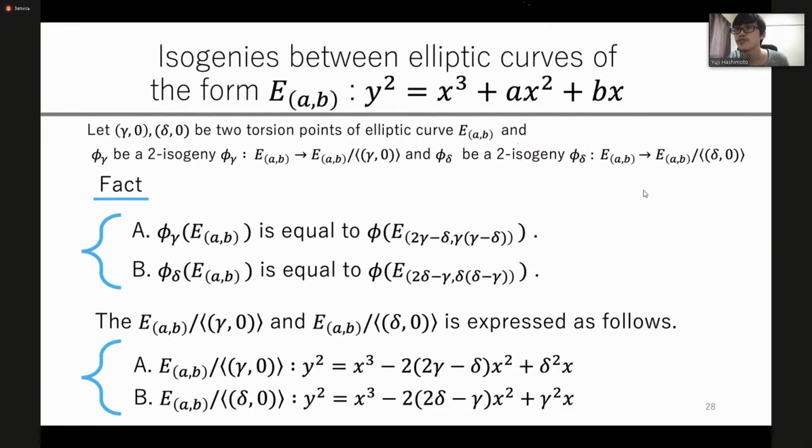Let (gamma0, 0) and (delta0, 0) be two-torsion points of the elliptic curve E_AB, and phi_gamma be a two-isogeny mapping from E_AB to E_AB over gamma0.